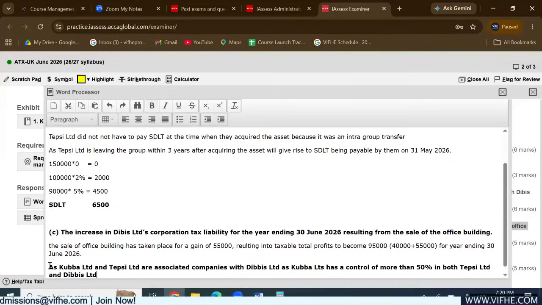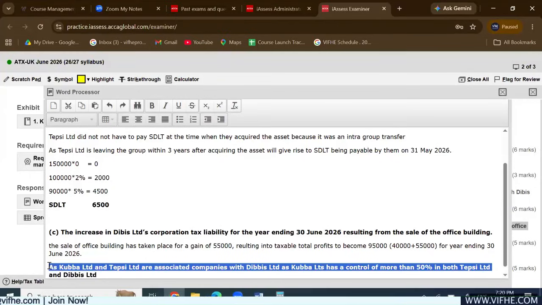But do not forget that in the same accounting period, Dibis was associated initially with Dolma Limited.